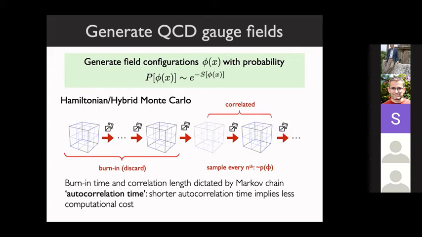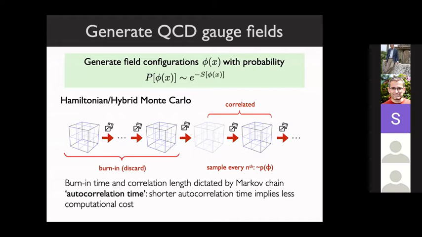And so this is updating your configurations in steps in a chain. And those configurations in that chain are correlated. And so the amount of time to burn into your probability distribution and also to get independent configurations is dictated by the autocorrelation time in the chain, so how correlated the subsequent configurations are.